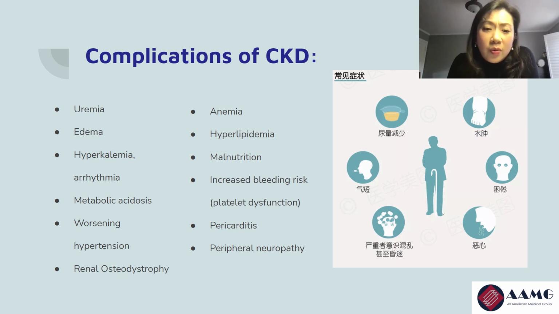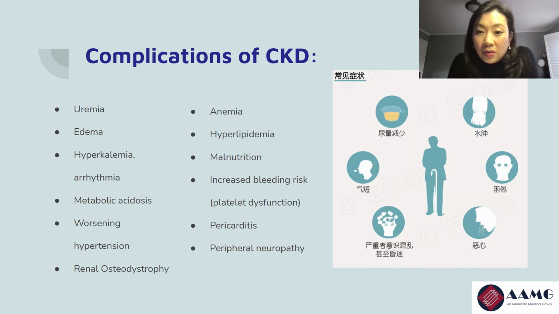And people can end up with metabolic acidosis because our kidneys are trying to regulate the body's acidity, to get rid of the extra acid, and sometimes the extra alkaline. So when that function is impaired, we will have derangement in that sense.